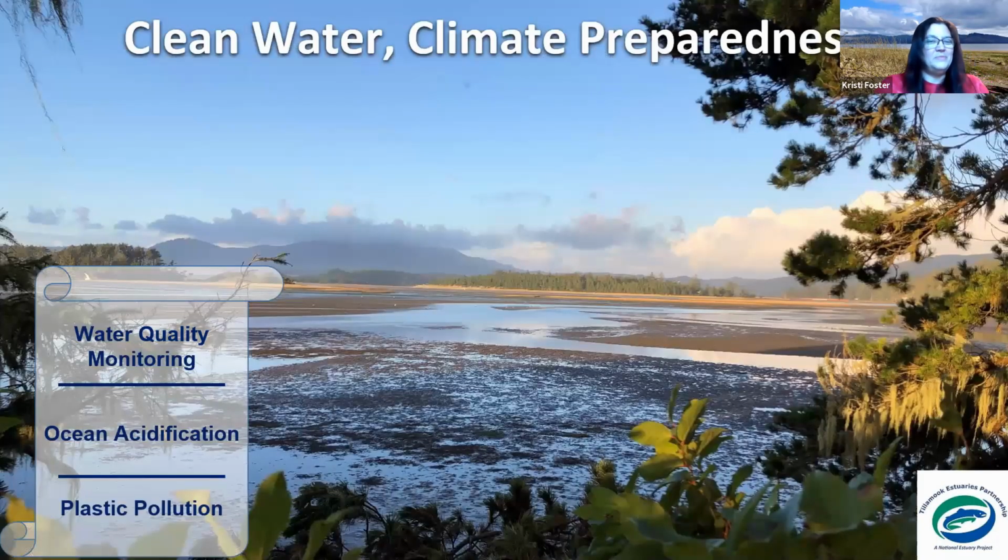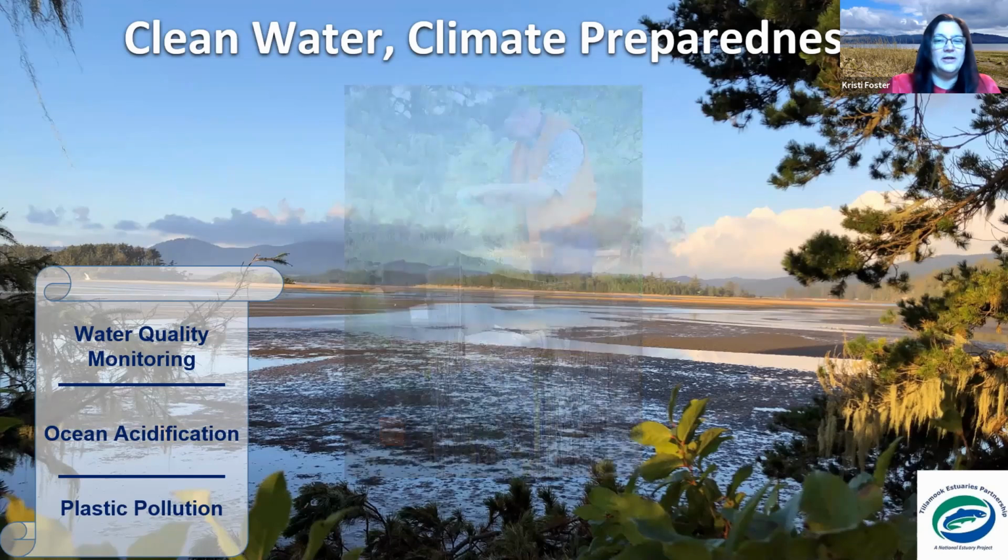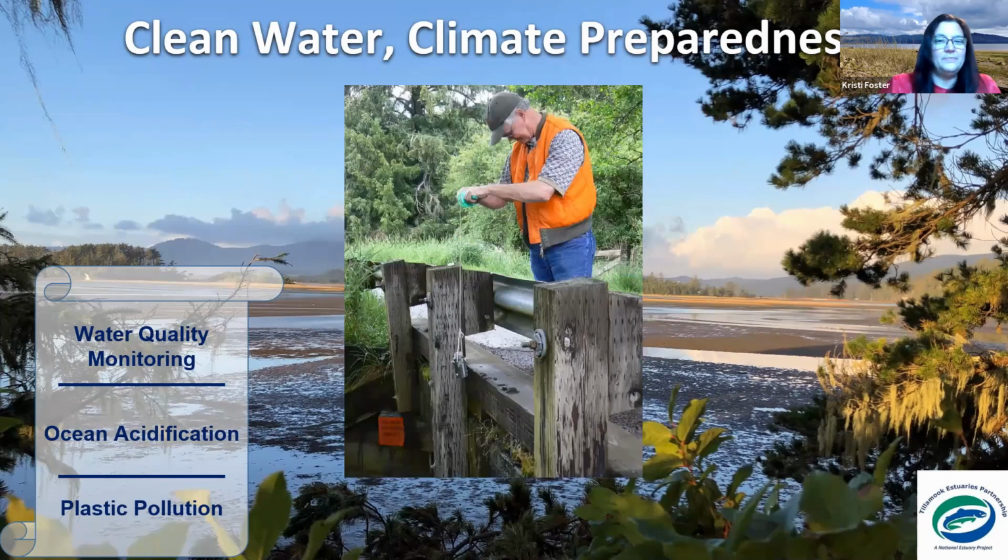So I mentioned clean water quality monitoring. We look at clean water and climate preparedness. And so 3 major things that we're working on right now, although this isn't all of what we're working on, is that we do water quality monitoring. So every 2 weeks, we have volunteers from around the county that go and sample at a number of creeks, bays, and river inlets.